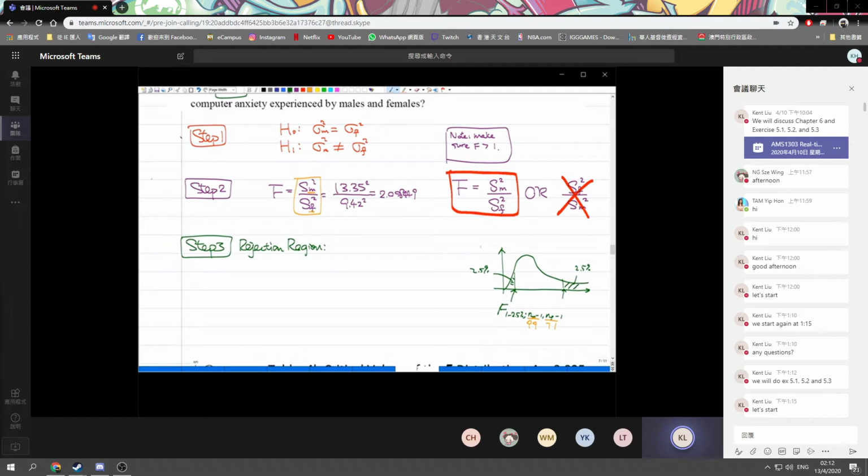Similarly for the other point, this is again F, and this time just 2.5%, and then 99, 71. All right. So now you can specify the region.